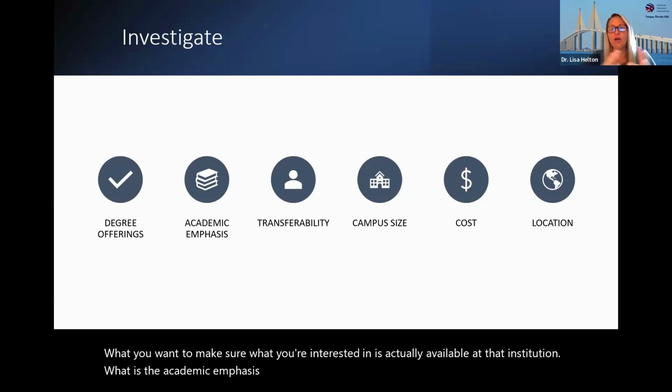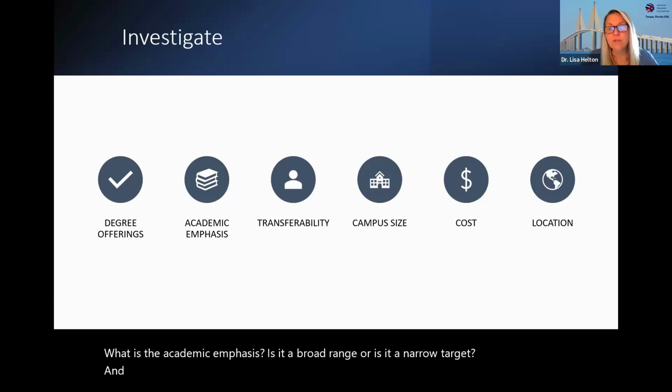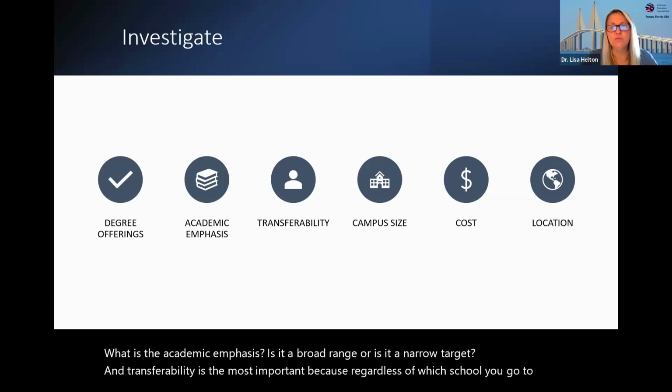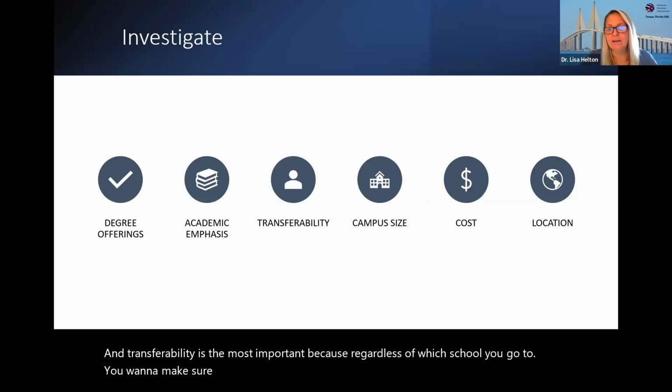Is it a broad range or is it a narrow target? And transferability is the most important, because regardless of which school you go to, you want to make sure that you have the option to transfer your courses and credits with you when you go.